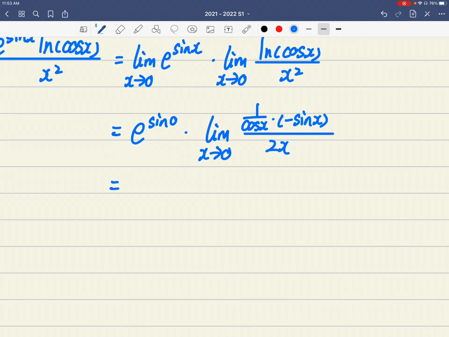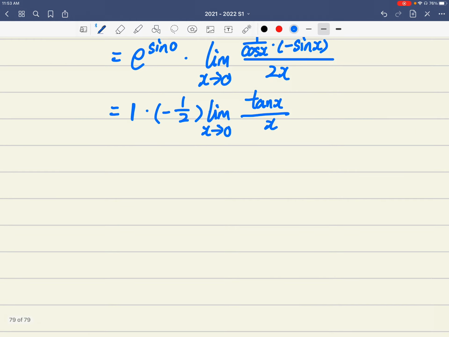So e to the power of sine 0 is 1, and the second part is 1 times, let's move the constant outside, negative half, limit as x approaches 0 of sine over cosine, which is tangent, over x.